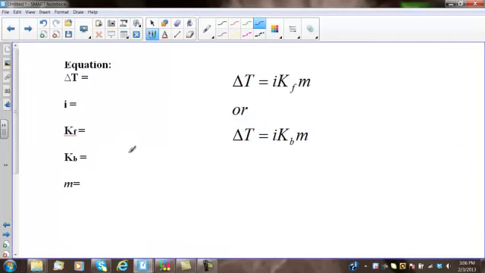So let's look at the equation that we're going to be using. We're either going to be using delta T equals i Kf m or delta T equals i Kb m. Well, obviously, delta T is change in temperature.